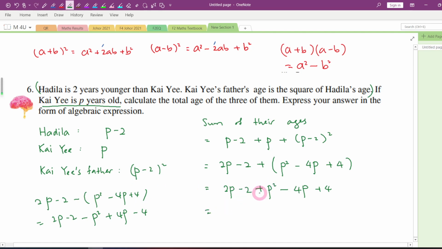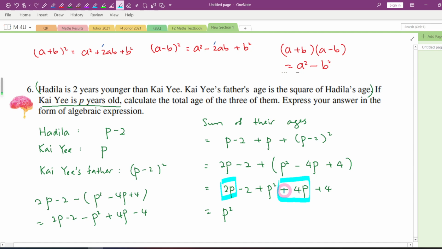Now let me look for like terms first. I like to write the term with the highest power in front first. If you want to write it at the back, it's okay. So this is P squared. Now the 2P terms, I make a rectangle and circle them together, including the negative sign.